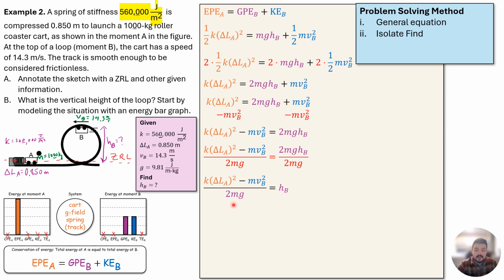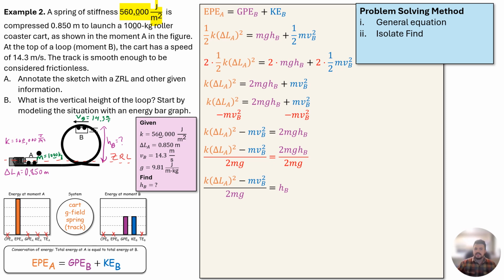The mass on the bottom does not cancel with the mass here because this M is dividing both of these terms, the blue and the orange, and there's no mass in the orange term. So we can't do any canceling of the masses here, because mass would have to be in this term and this term to do that. So we're not going to divide the mass on the left side of the equal sign, just on the right.